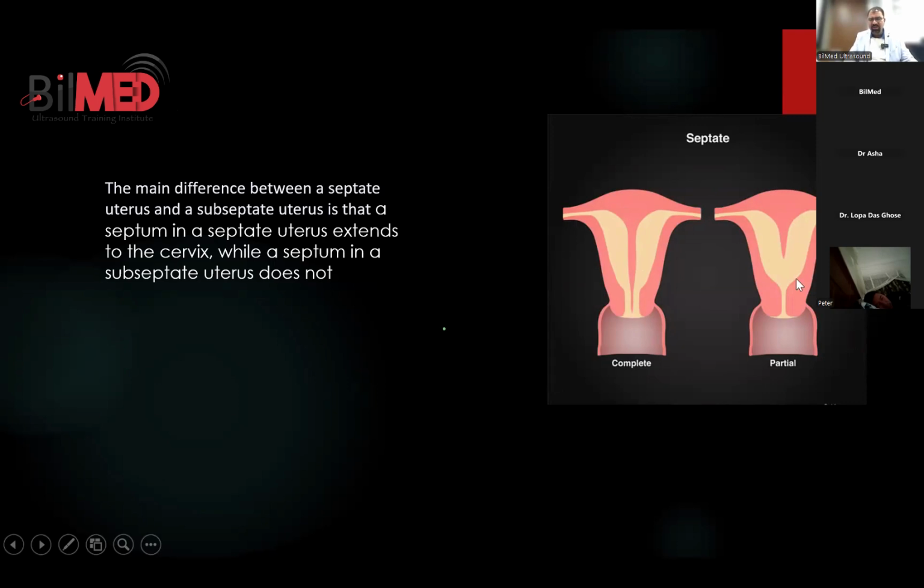Whereas in a partial septate, it will not touch the cervix and it will be somewhere in the center, but it will not be touching the cervix. So this is the graphical representation of the complete and the partial septate. So the main difference between the septate uterus and the subseptate uterus is that in a septate, the septum will extend up to the cervix, whereas the septum in a subseptate uterus does not.